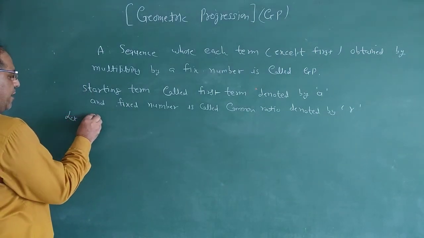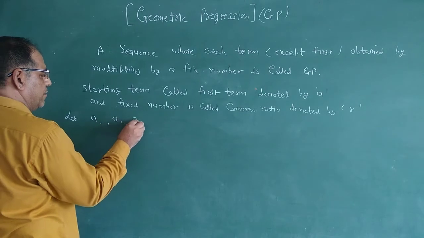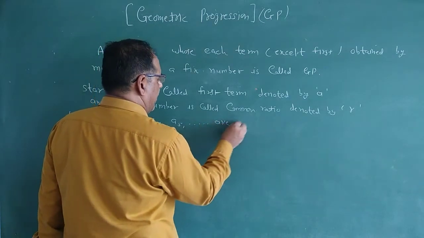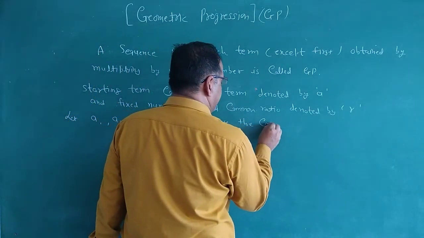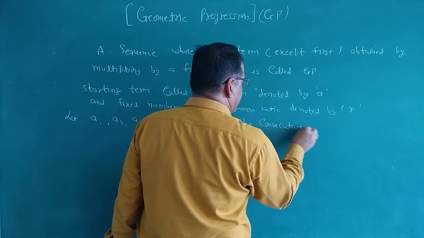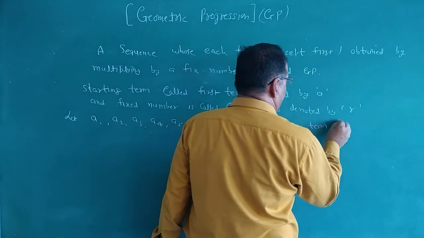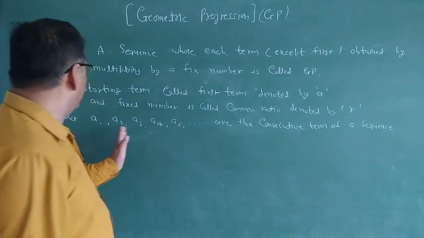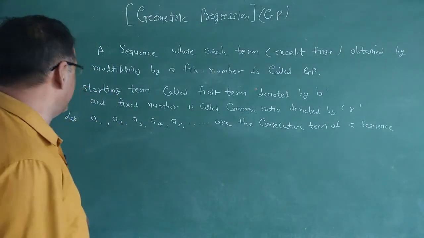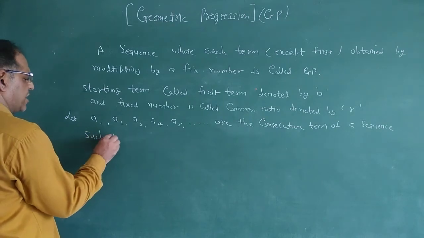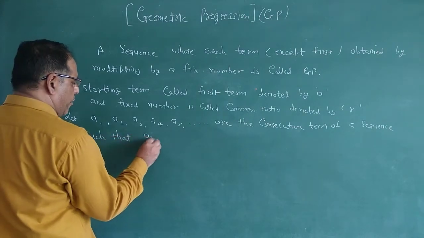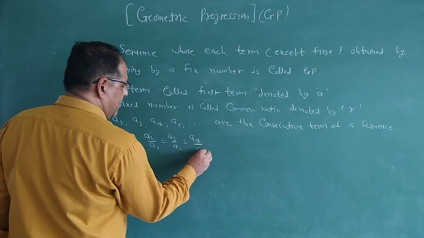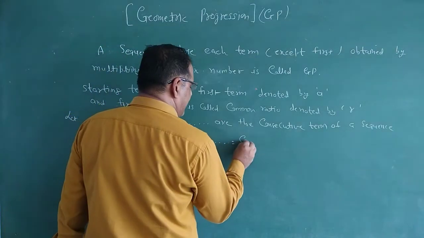Let A1, A2, A3, A4, A5 be the consecutive terms of a sequence satisfying the property that A2 upon A1 equals A3 upon A2 equals A4 upon A3 equals a constant.